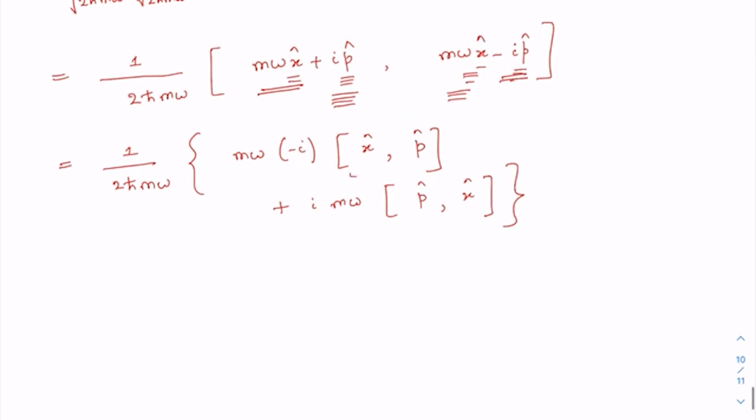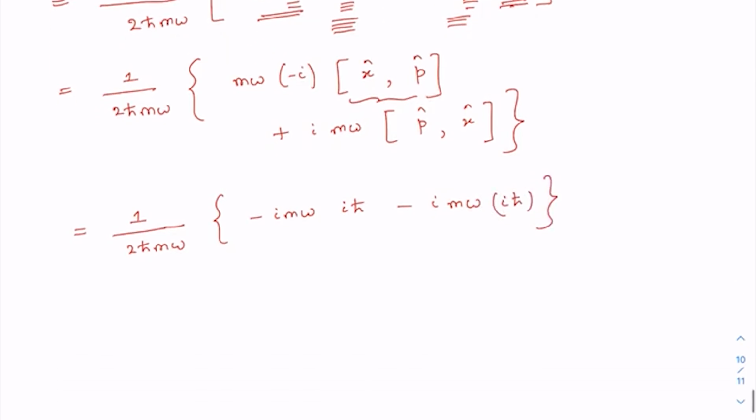We know the commutation relation between x cap and p cap, that is equal to i h cross. So therefore I have 1 by twice h cross m omega, minus i m omega i h cross, and here I have i m omega i h cross.